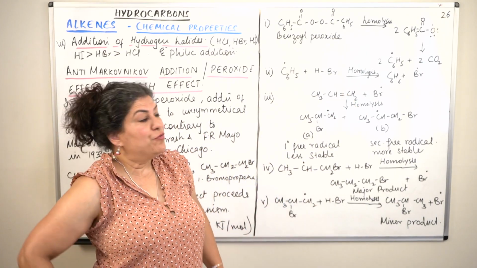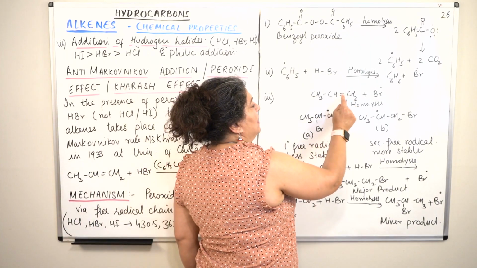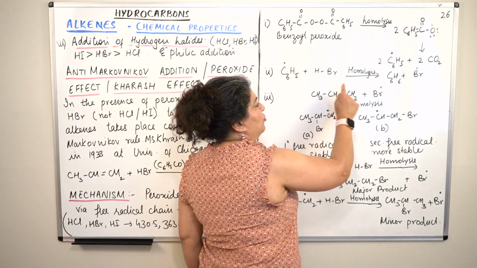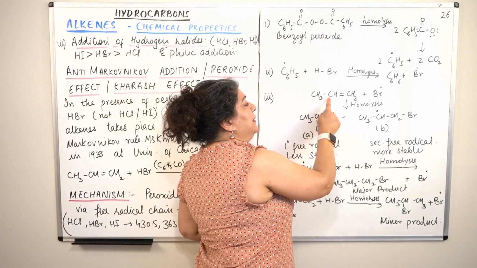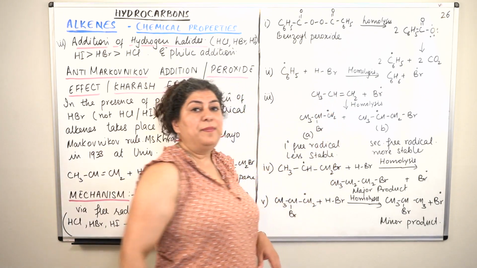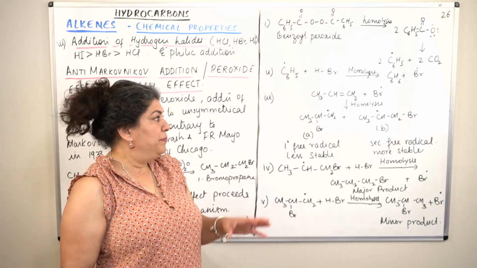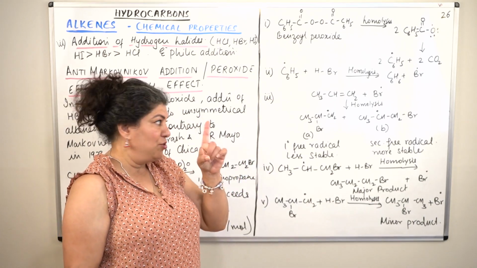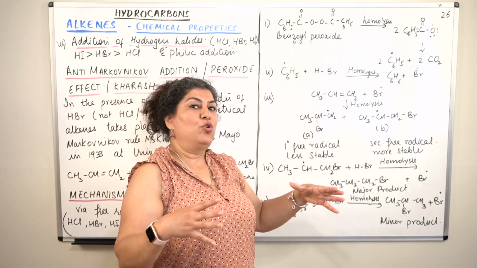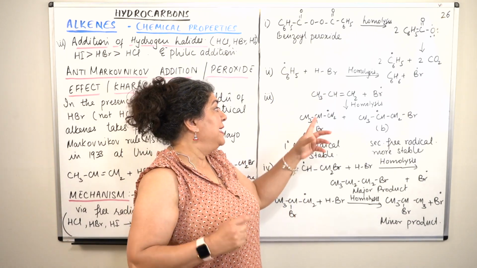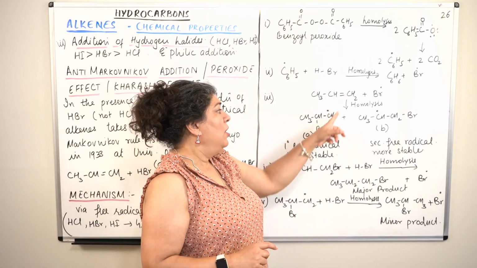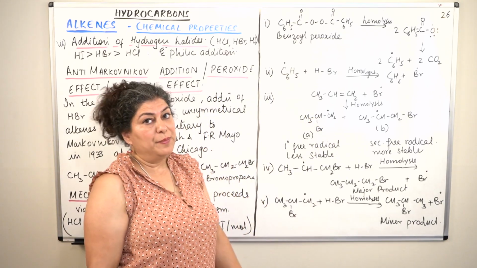Again, homolytic cleavage would mean that both the carbons will get back their electrons, and bromine will come and add either to this carbon or to this carbon. Bromine has 1 free electron and both the carbons after the homolytic cleavage have got one free electron. So bromine has a choice. It can either come and join this carbon or it can come and join this carbon.